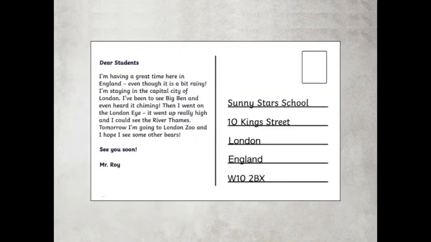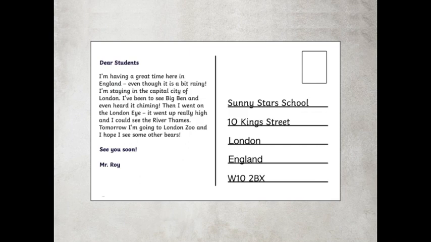Here is another postcard from London. This postcard has more advanced writing with more details in the writing. I will read it to you. Dear students, I'm having a great time here in England, even though it is a bit rainy. I'm staying in the capital city of London.